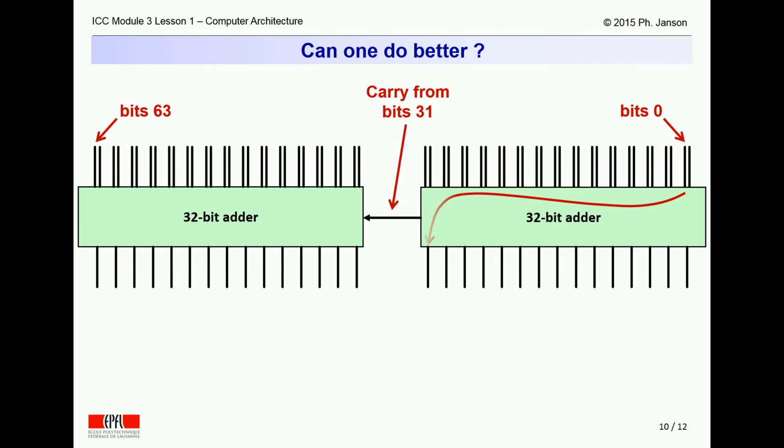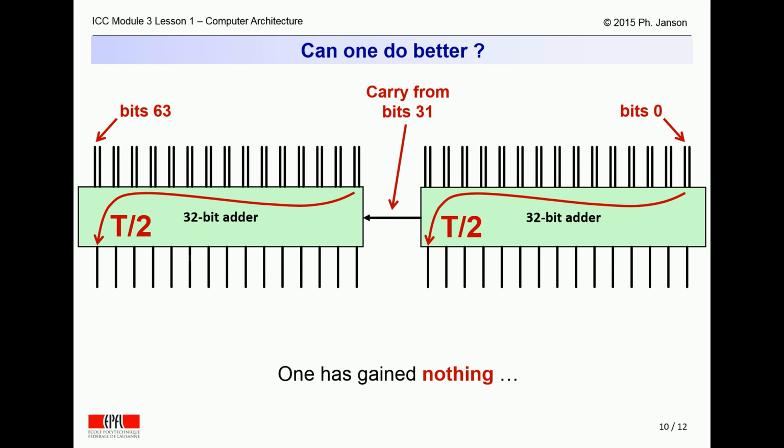Computing the sum of the 2 lower order 32-bit numbers will certainly take only half the time of what it would take to add the 2 64-bit numbers. However, we cannot start adding the 2 higher order 32-bit numbers until one has the carry bit from the first addition. Thus, one has gained nothing.